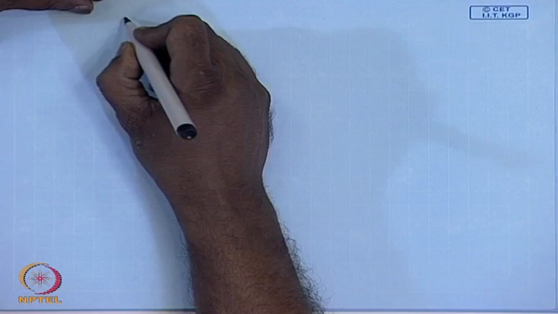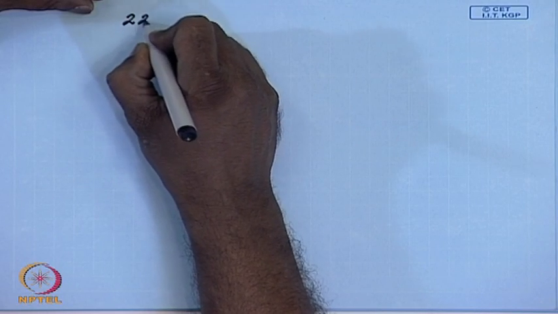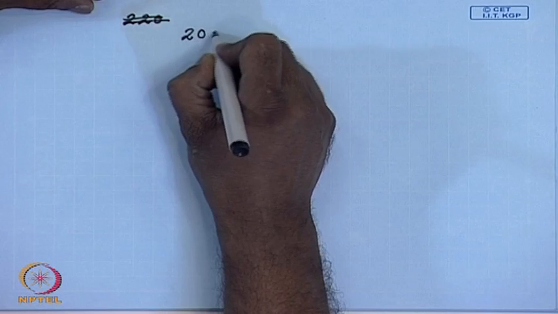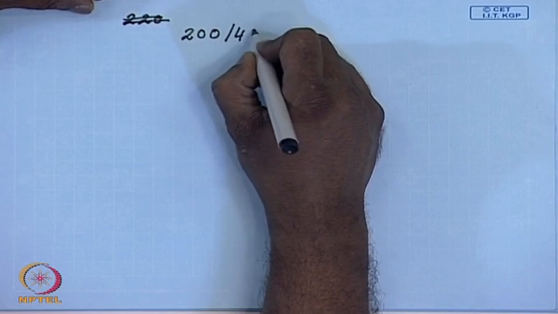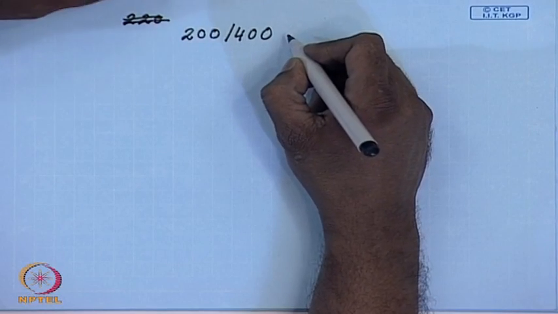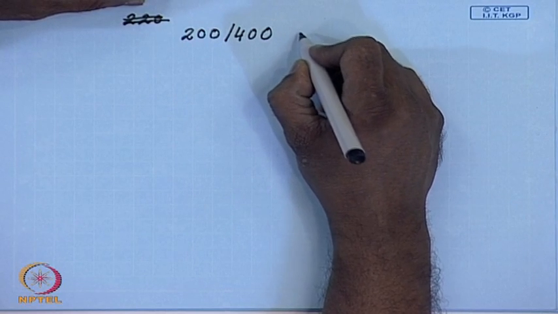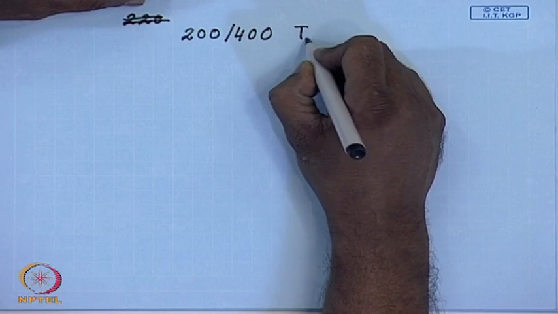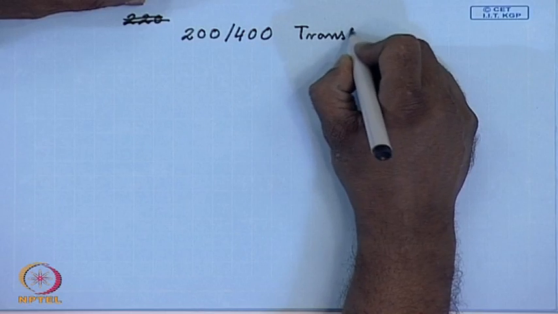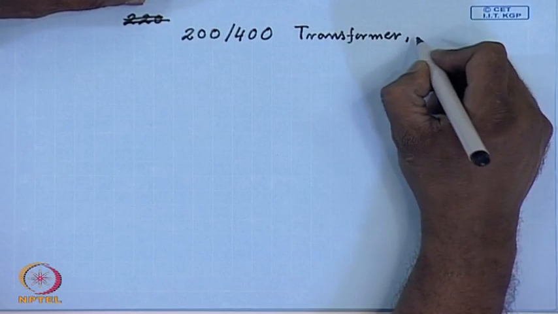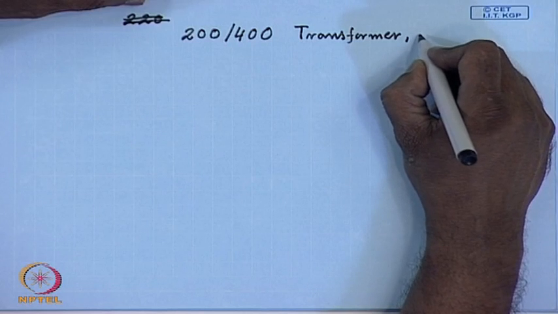Let us say we have a 200 volt by 400 volt single phase transformer. The kVA rating is 4 kVA.